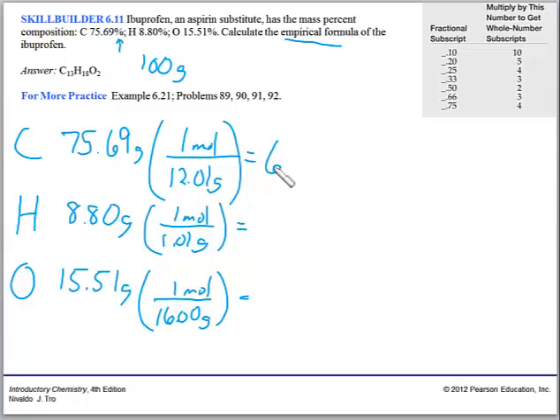If I just stopped this one at 6, I don't know if I would get the clear pattern that I'm going to get once I try to find that smallest whole number ratio from this set of mole values right here.